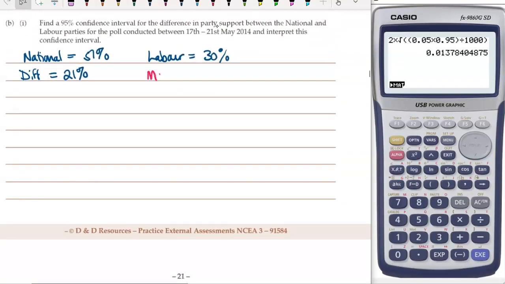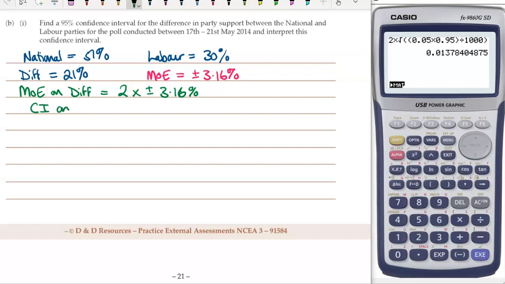So margin of error is plus or minus 3.16%. Now for the margin of error on the difference, these are two poll amounts from within the same group, so that means we do 2 times the margin of error that we had for each one separately.